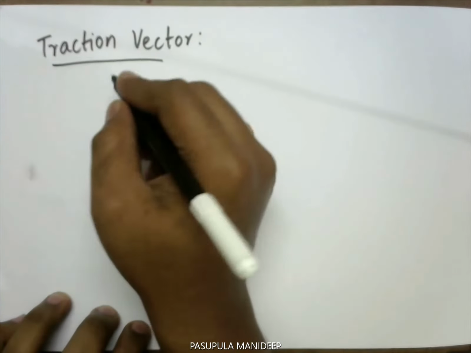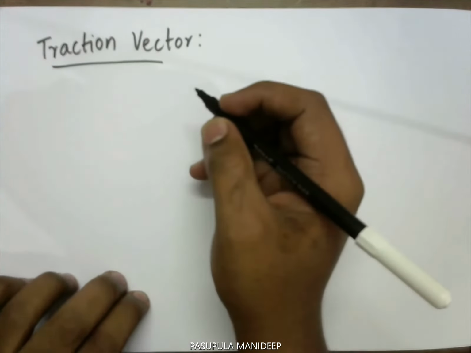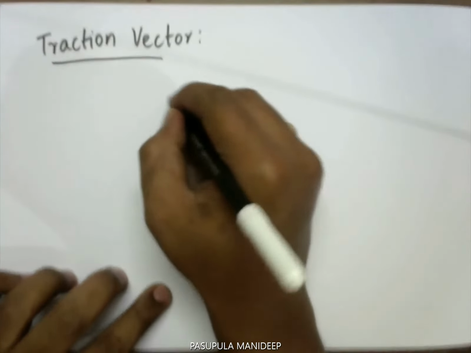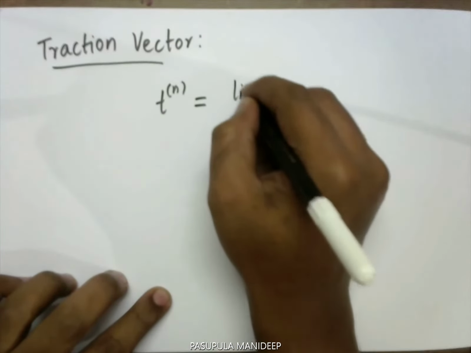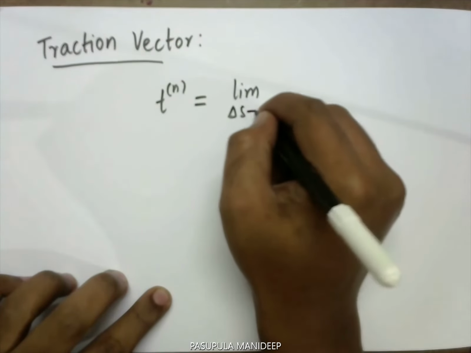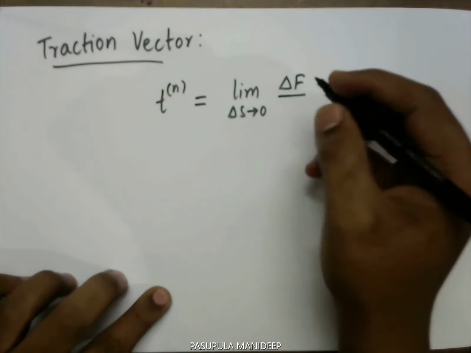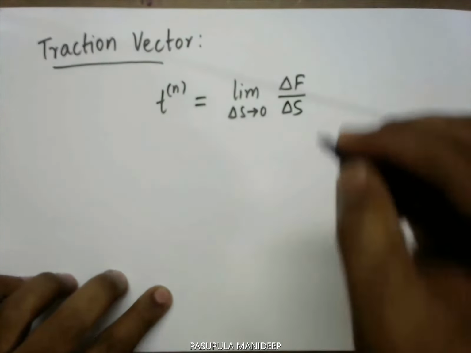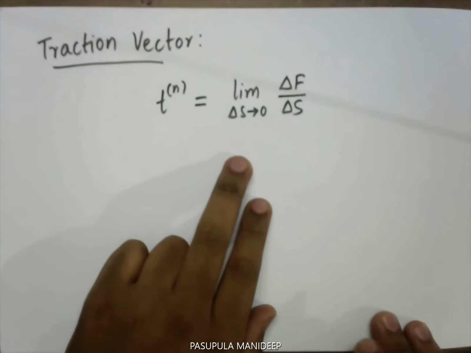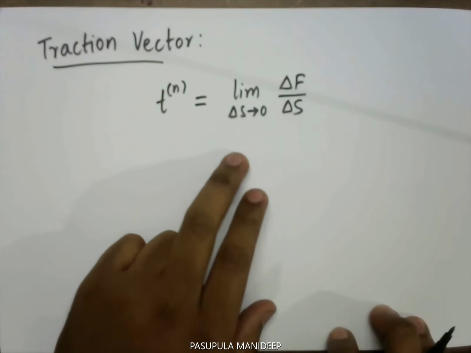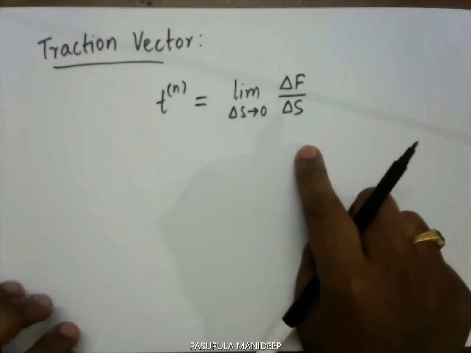A traction vector, by definition, is the limit value of force over area. Here delta F is the force and delta S is the area of the element, and delta F is the force acting on that elemental area.